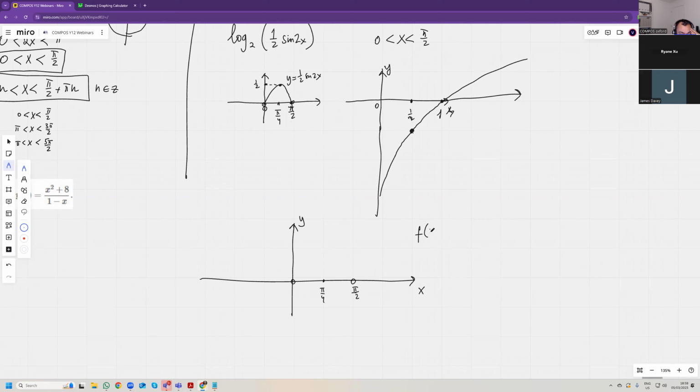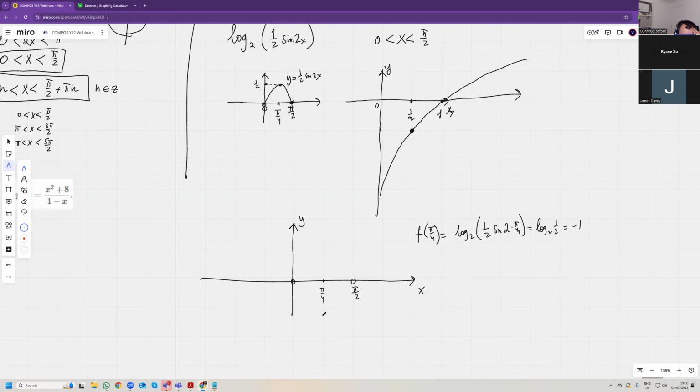So f of pi over 4 is going to be log 2 of 1/2 sine 2 times pi over 4, which is log 2 of 1/2, which is -1.